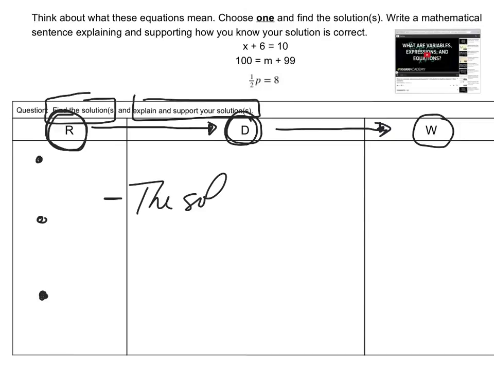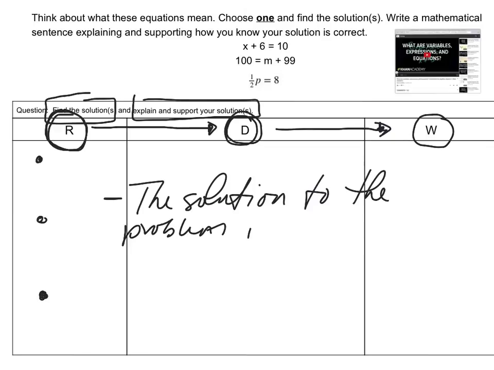The solution to the problem is, and then you fill in the rest. You also complete the second part of the question by using the sentence again.